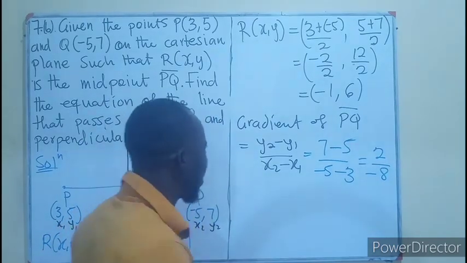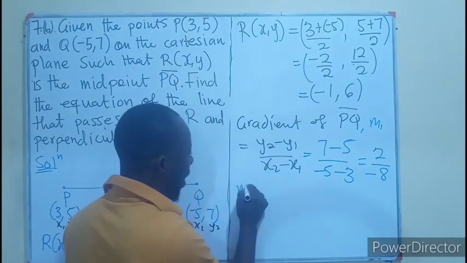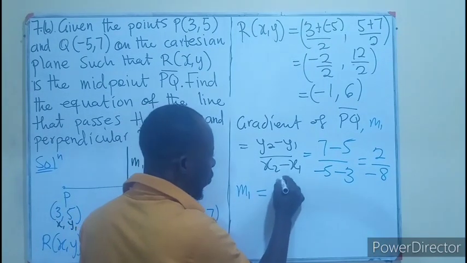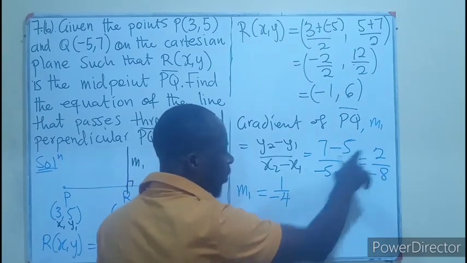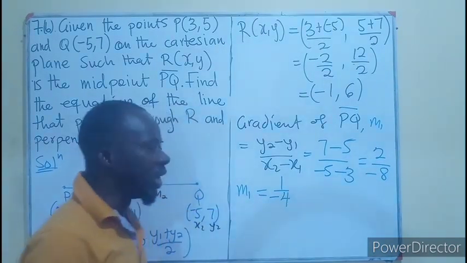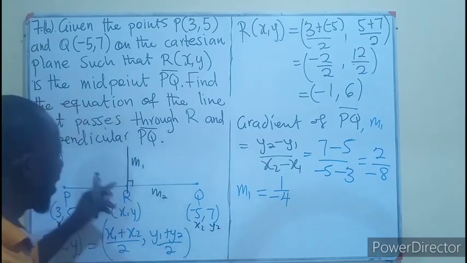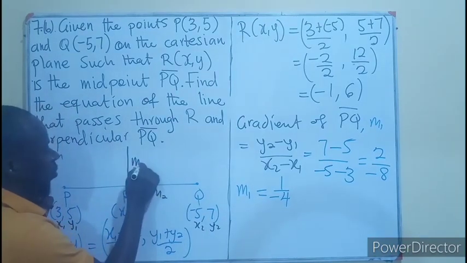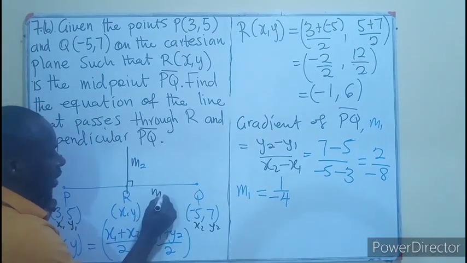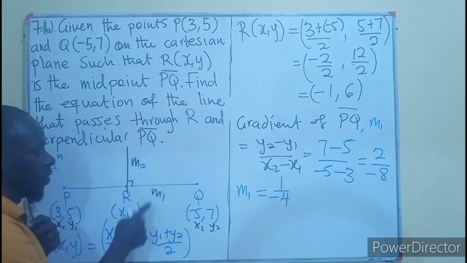This has a common factor, so our gradient, let me call it m1, is going to be 1 over negative 4, since 2 goes into itself once and goes into negative 8 four times. Let me call the perpendicular gradient m2. The gradient of one is the negative reciprocal of the other.